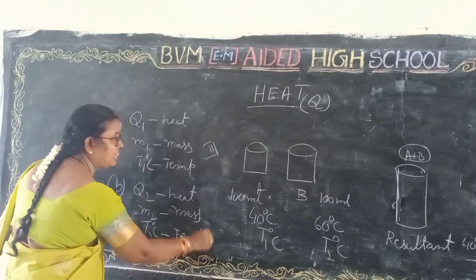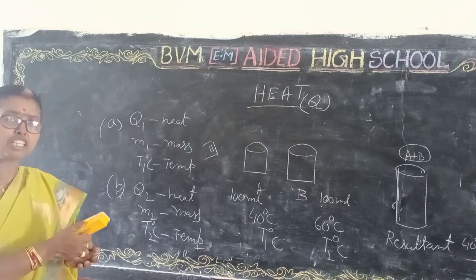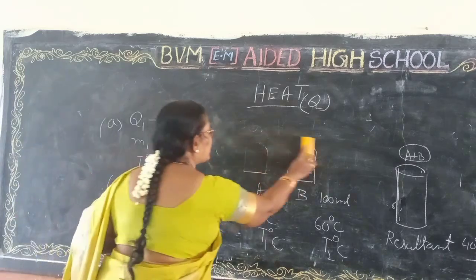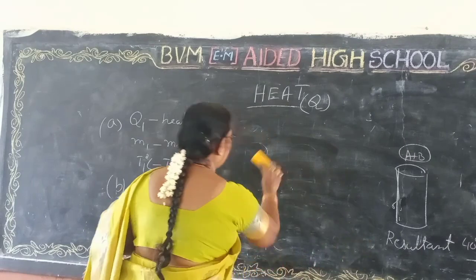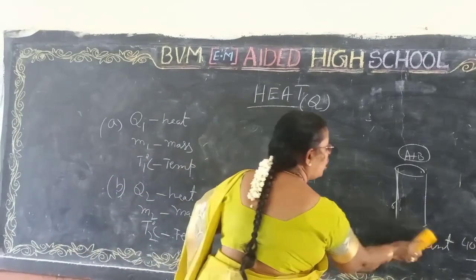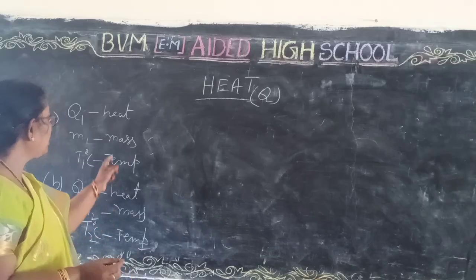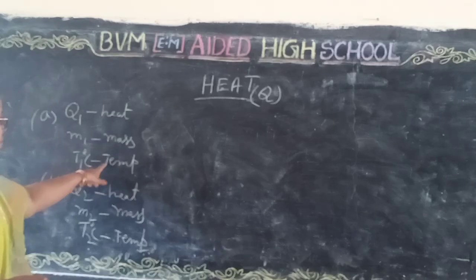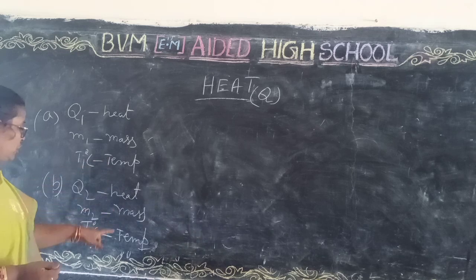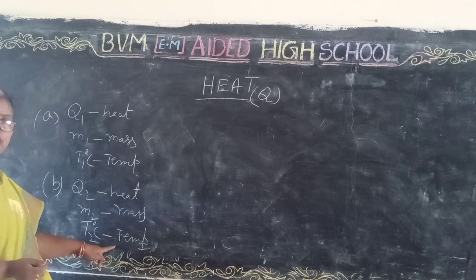So what you learn is that energy is neither created nor destroyed. From this you understand that the heat energy in both the masses of water should be equal. So the mass M1 and temperature T1 for the first vessel, mass M2 and temperature T2 for the second.